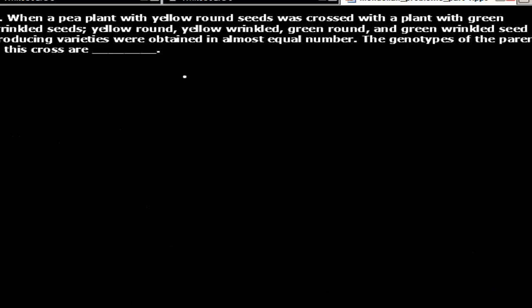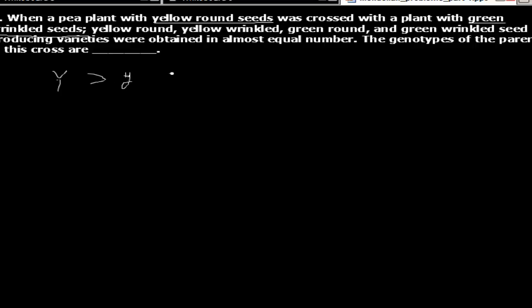This is a typical Mendelian problem based on a dihybrid cross. Now, a pea plant with yellow round seeds is crossed with a plant with green wrinkled seeds, and we know very well that yellow is dominant over green.